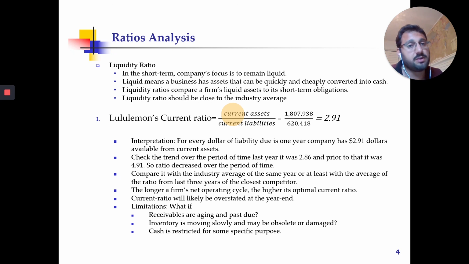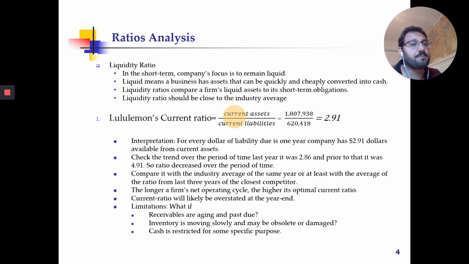The second thing is inventory. If the inventory is moving very slowly, there might be damaged or obsolete inventory, and these inventories are still considered part of the current assets. So again, the quality of the inventory will not be reflected in the current ratio. Finally, the cash can be restricted.